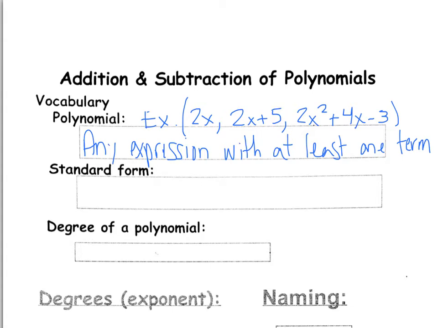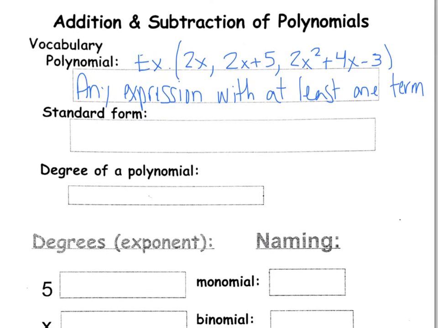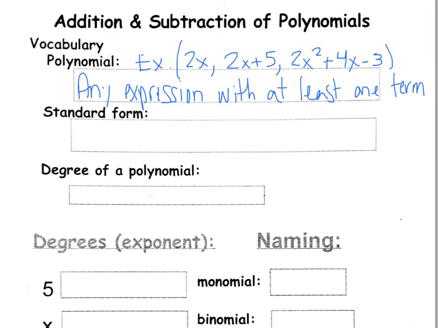So the next word that we're going to need to know is what is called standard form. Now, standard form is just the standard for mathematics, the correct way of writing things. As you notice in what I wrote up here, standard form is when, first of all, your letters are in alphabetical order.